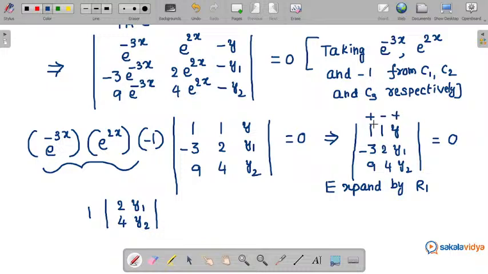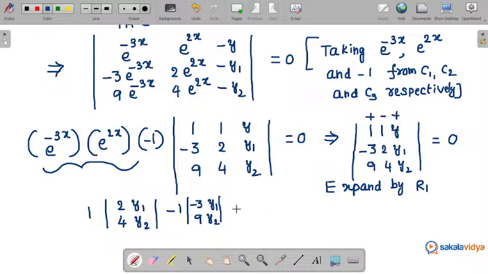This one is in order to find the cofactor of 1. The signs are plus, minus, plus by expanding. Plus means directly I have taken 1, but here minus 1 you need to take. Minus 1 times the determinant of deleting first row, second column: negative 3, y1, 9, y2. Am I correct now?